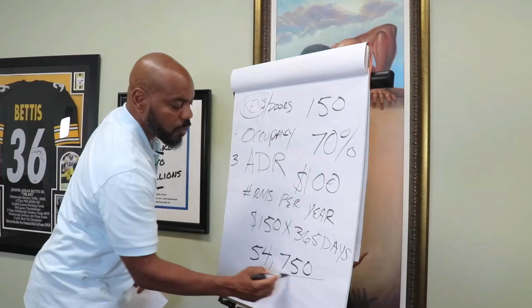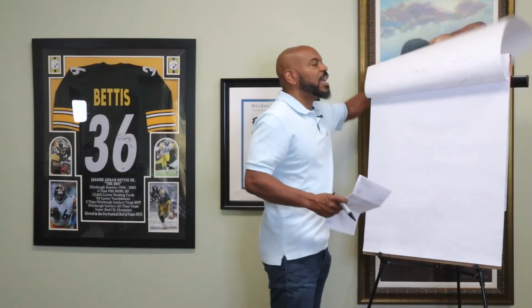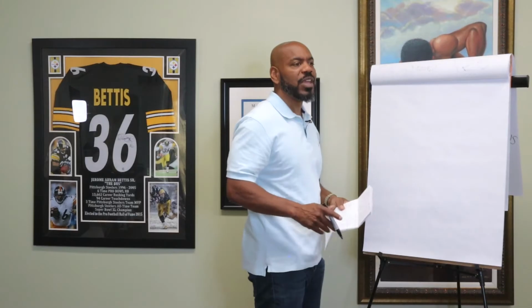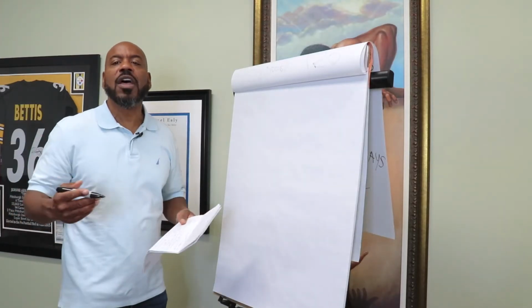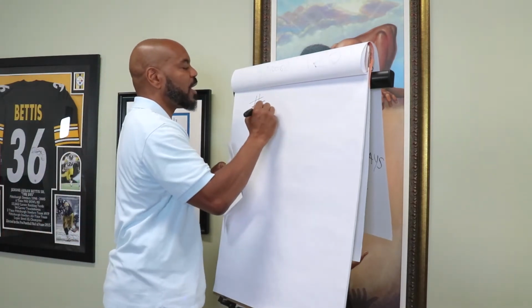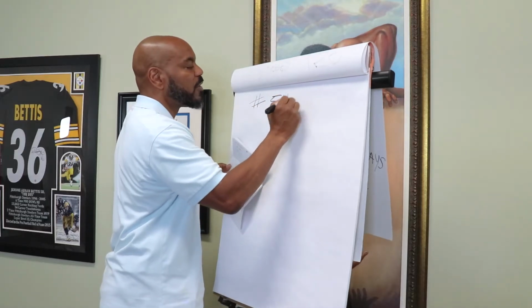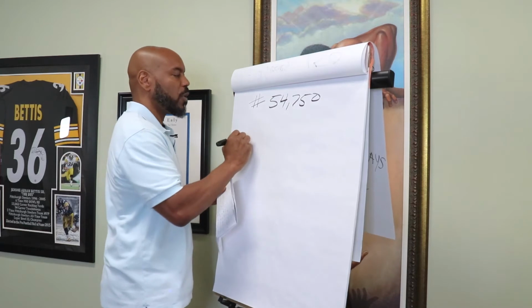That's the number of rooms you can sell in 1 year, all right? So you have 54,750 rooms. Now we want to determine the occupancy, which means the number of rooms sold. So you take your number of rooms available in a year, which was 54,750. Now we want to know how many were sold.